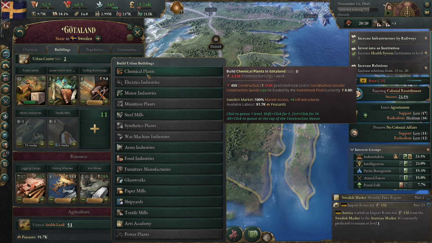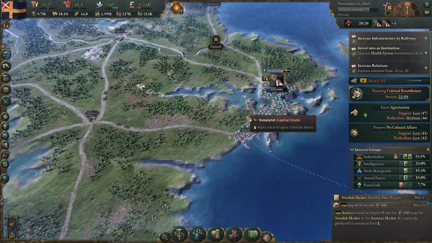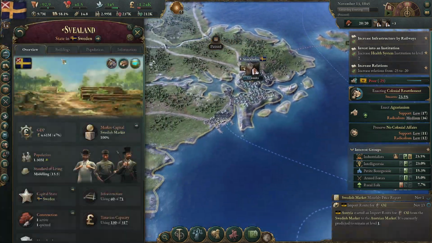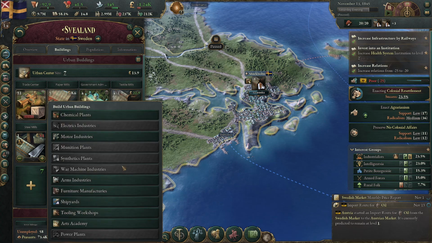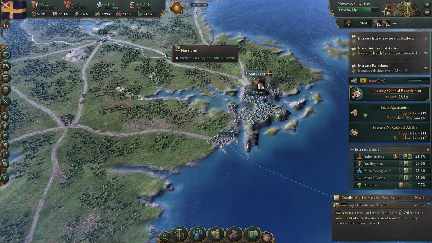There's market access infrastructure for that would take us just exactly to the limit. Construction active queued. Yeah, but we're building something here as well, aren't we? So, I think we're gonna have to hit jolly old Svealand again, and we're gonna put a chemical plant in there as well.